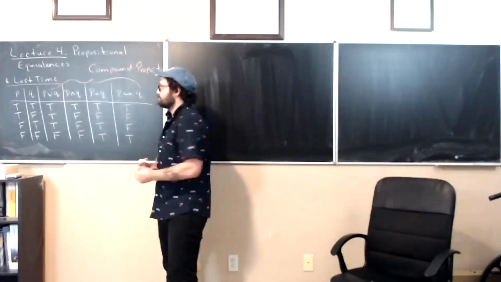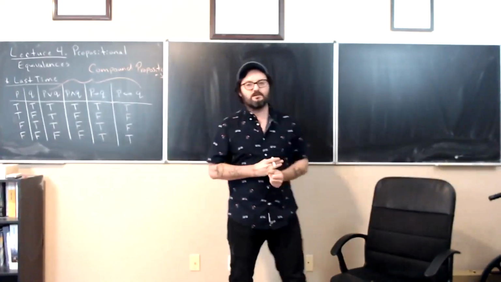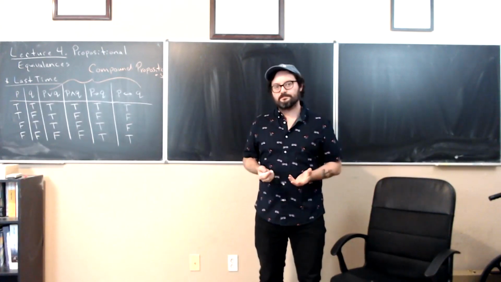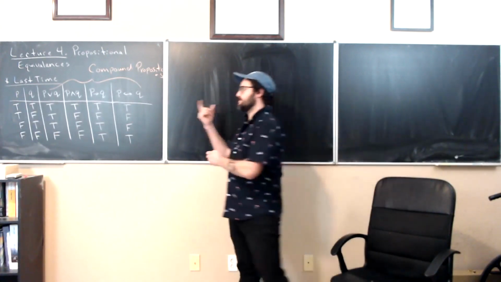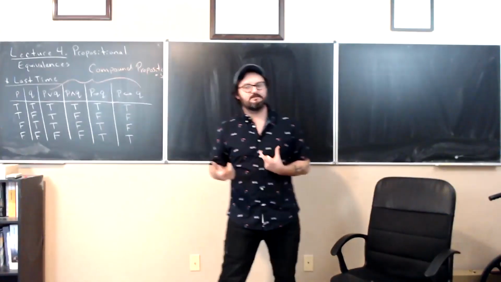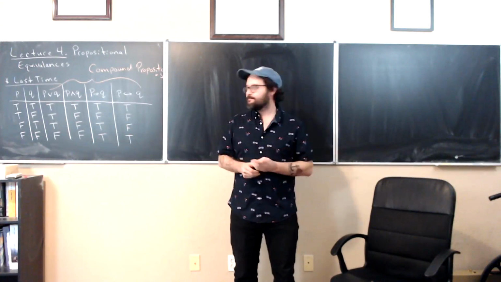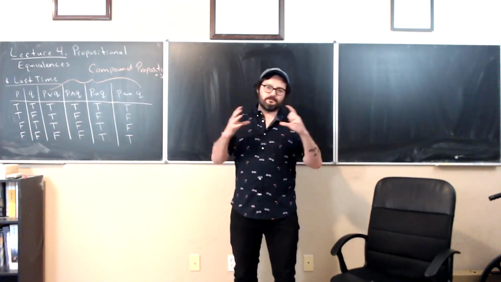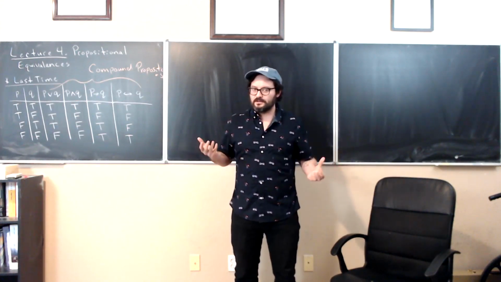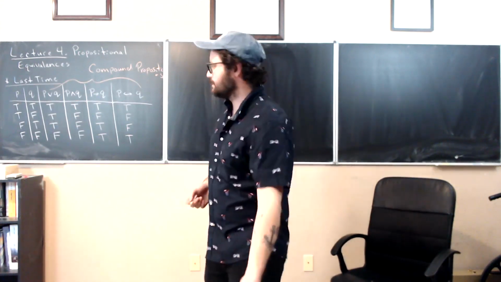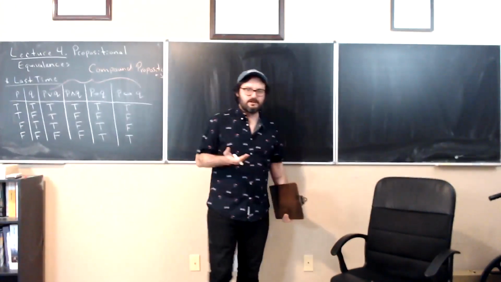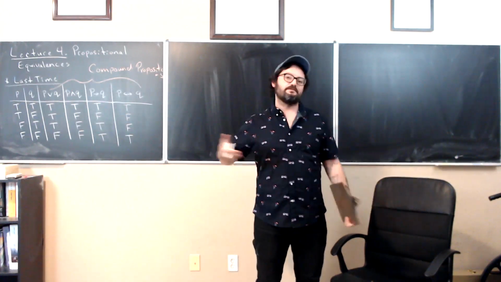Now, in this lecture, we're going to establish what it means for propositions to be logically equivalent. So we know these basic operations, and it is of interest to understand when different compound propositions are equal to each other. But first, what does it mean to be equal? With arithmetic and numerical values, it's pretty straightforward, like 2 is equal to 2.